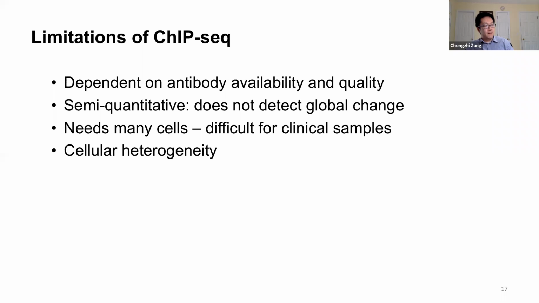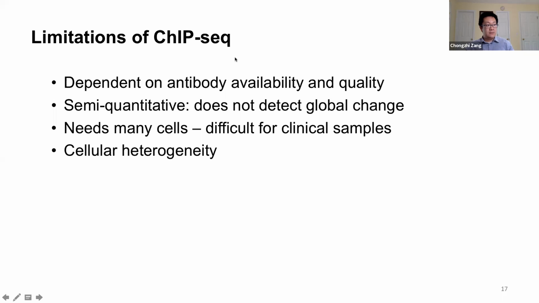So the profile of ChIP-seq mapped read enrichment across the genome, even including the peaks we identified, only tells the relative enrichment of protein-DNA binding compared to the genomic background and the input chromatin control of your experiment.